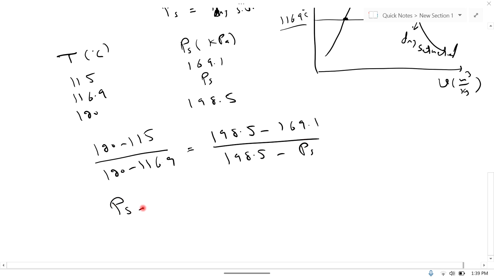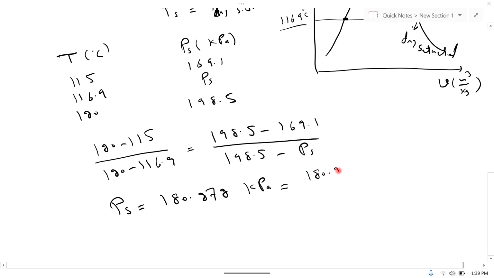Simplify this, so the saturation pressure is equal to 180.272 kilopascal, because the steam table value is in kilopascal.